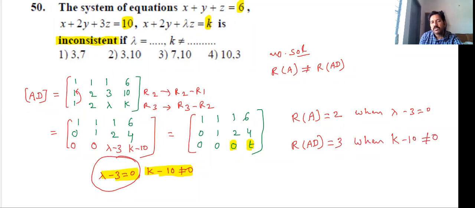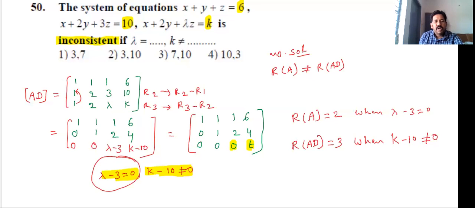If it is equal to 0, we will get rank of AD is 2. Both ranks equal means the system is consistent, but they are given inconsistent. Both are not equal. So are you understood now?